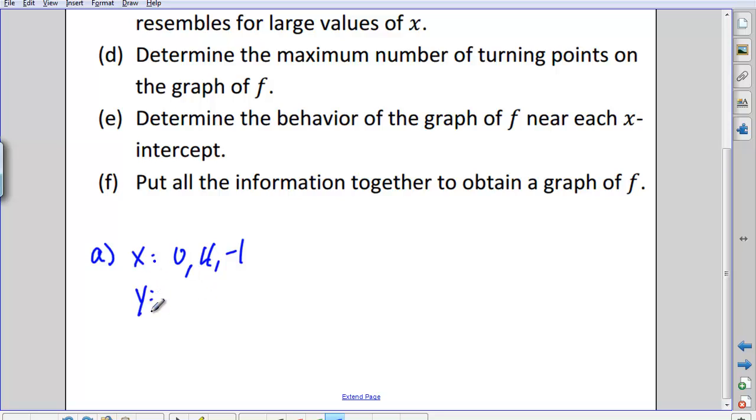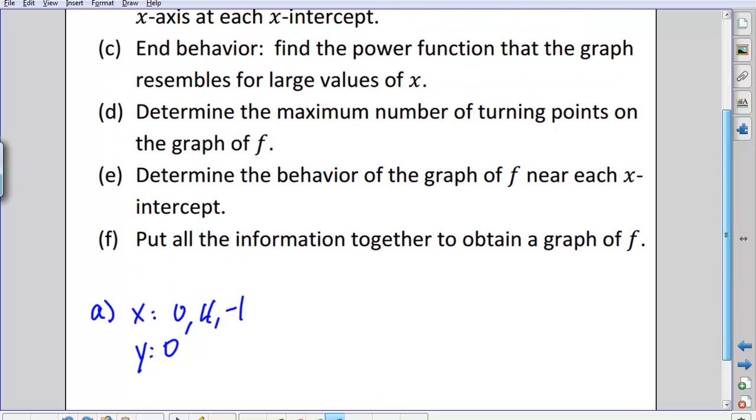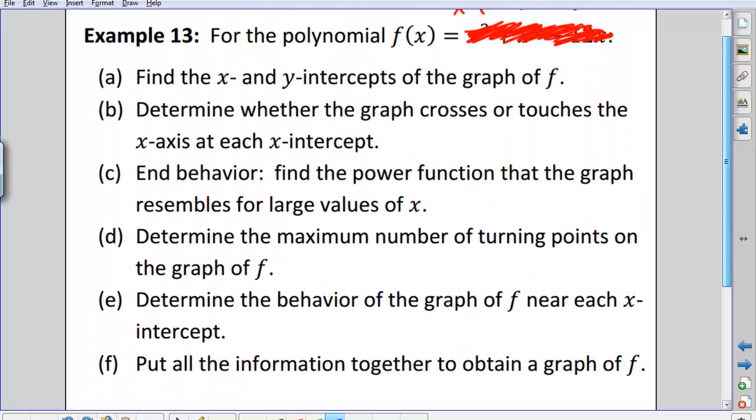For the y-intercepts, now you should know, hopefully, or maybe you caught on by now, if you have an x-intercept at 0, don't you also have a y-intercept at 0? Because at x equals 0, you also get that y value 0. So that thing crosses at the origin. That's what we're saying there. So we do have a y-intercept at 0. X-intercept at 0 guarantees that.